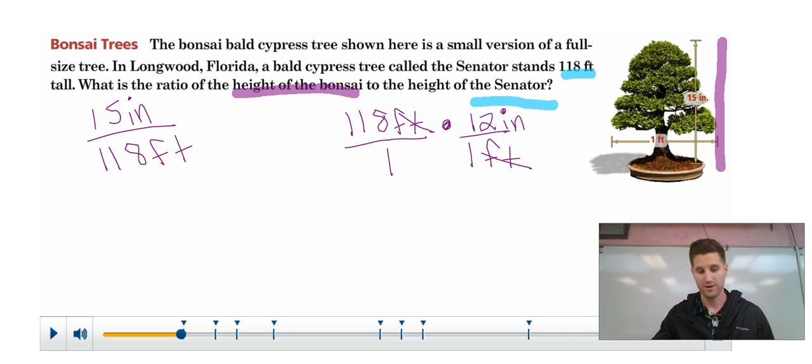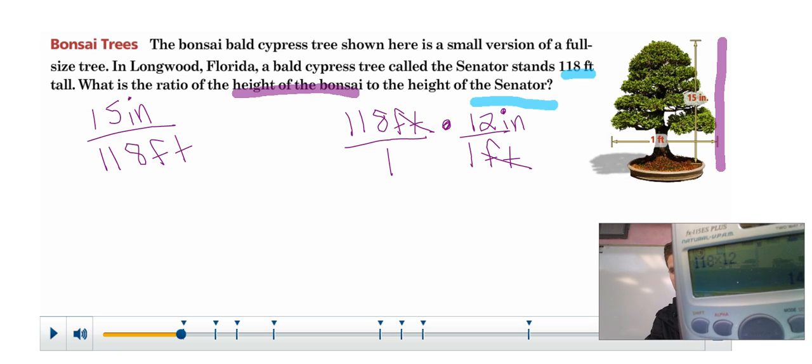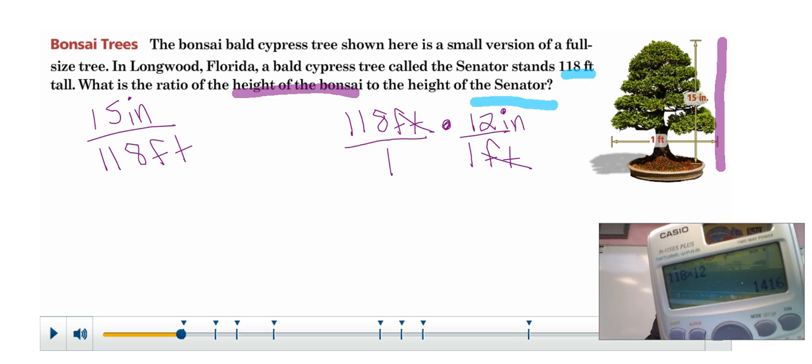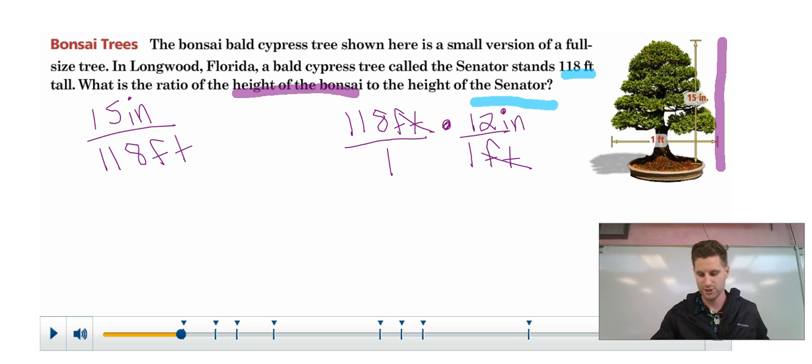We multiply 118 times 12. You have to make sure you have a calculator to do this. So we can go ahead and just do 118 times 12 inches, and we get 1,416 inches.